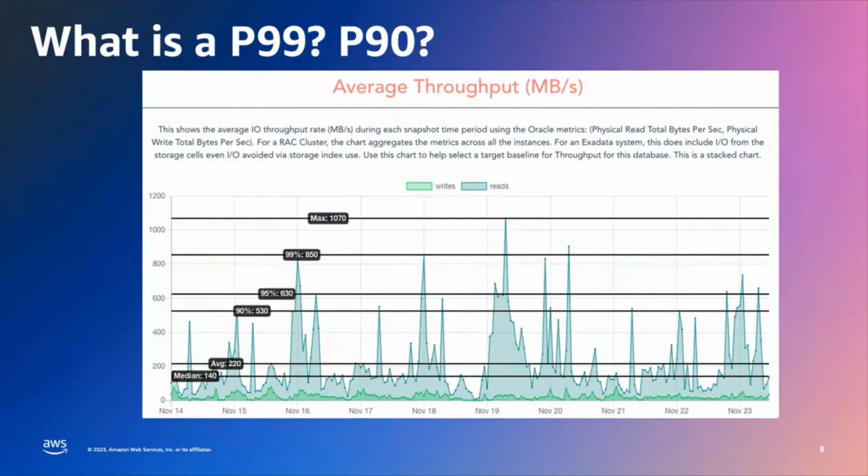In other words, 99% of the data points for that time series fall within that value. So in this example, we're looking at averages of the throughput, and we can see that 99% of the data points collected fall within 850 megabytes per second or less. The P90 in this example is 530 megabytes per second.